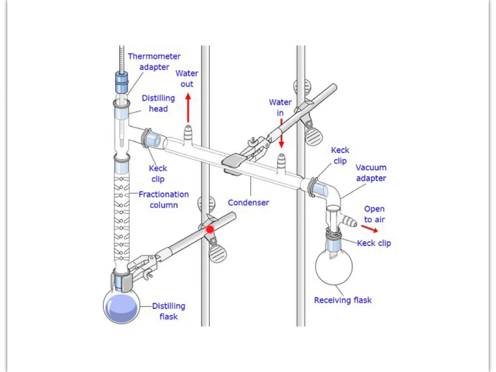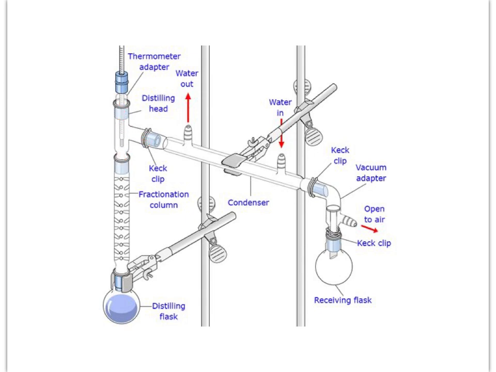So you clamp your round bottom flask with your sample there. You put your line of grease on your Vigreux column, put it in, turn it 360 degrees to distribute the grease in the joint. Then you will put your distilling head on top of that.